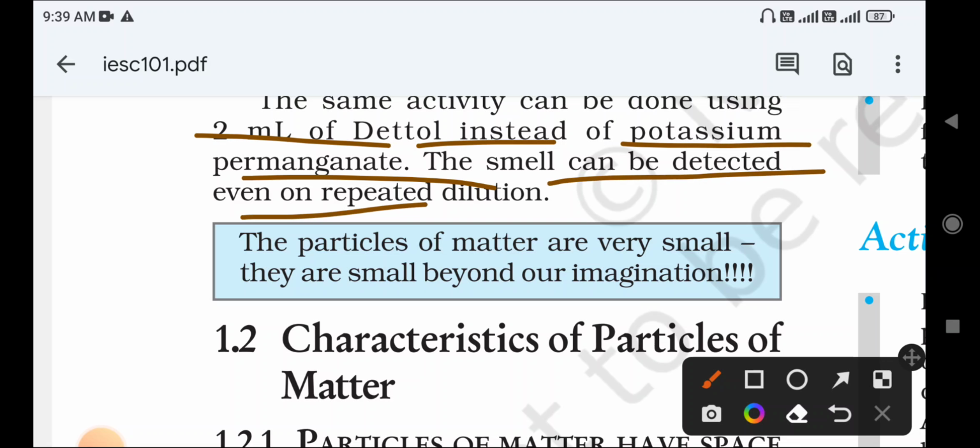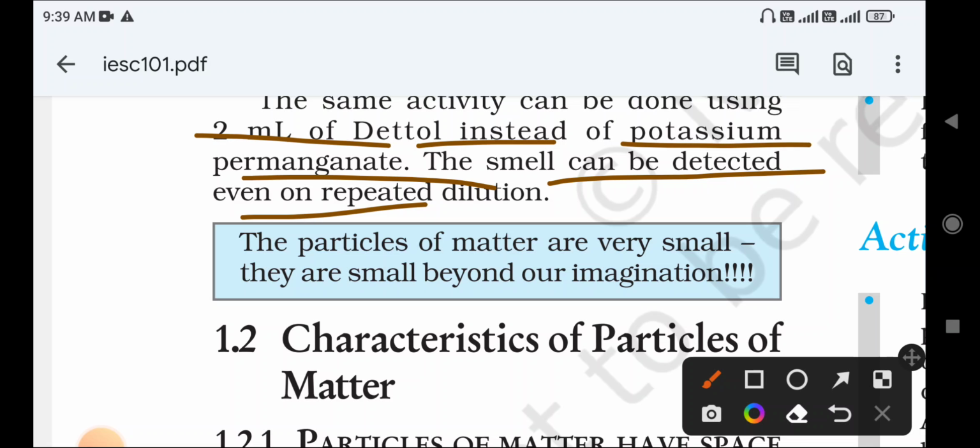In that they add only one spoon of Dettol, they cannot add a full bottle. They add only one spoon of Dettol solution, so that it provides cleaning as well as the smell. So this is the example, where the particles are dividing into smaller and smaller particles.